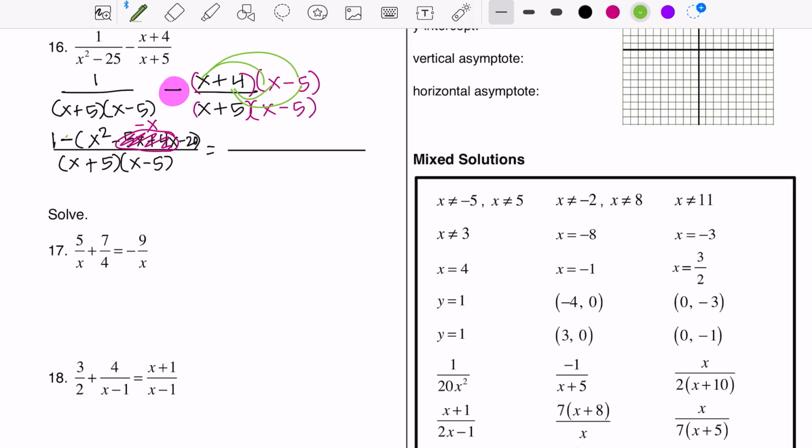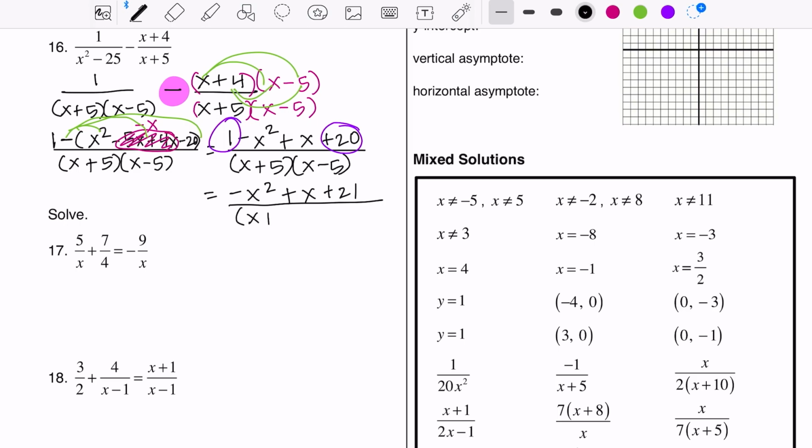So when I go to rainbow that negative in, I have 1 minus x squared, and then it's going to change that to positive x and positive 20. And then we have negative x squared plus x, and then these like terms right here of 20 and 1. And then excluded values, x can't equal negative 5 or 5.